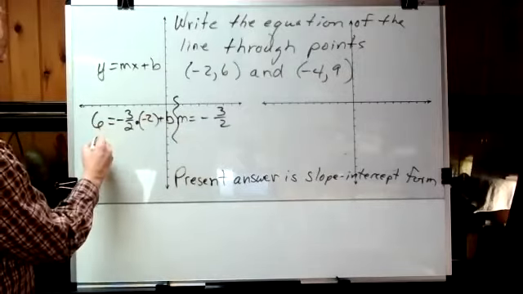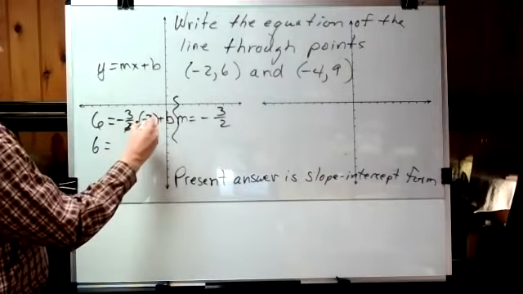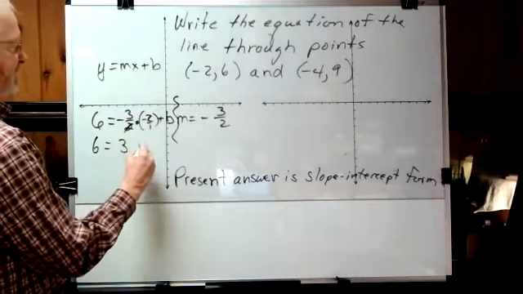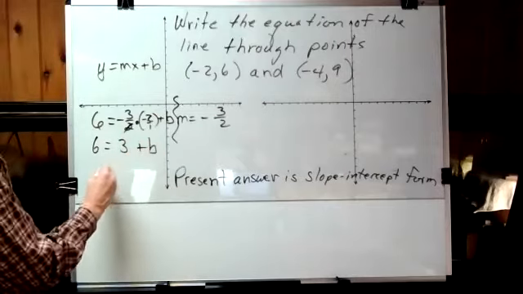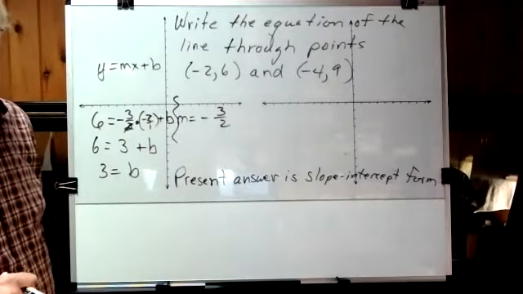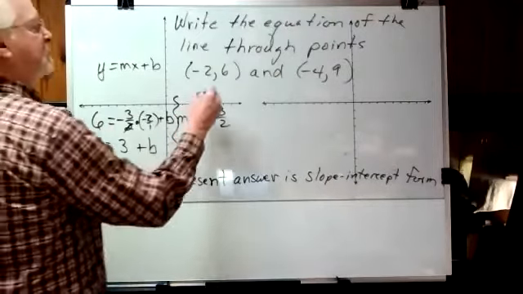Negative times negative will be positive. The 2's I could say cancel out, like 2/1, right? And so this is just +3 plus b. Subtract. I get a b value of 3. Is that all right? So the equation would be y equals -3/2x plus 3.